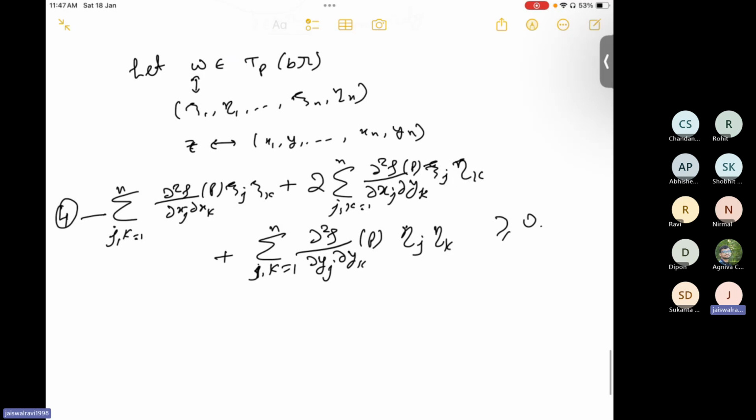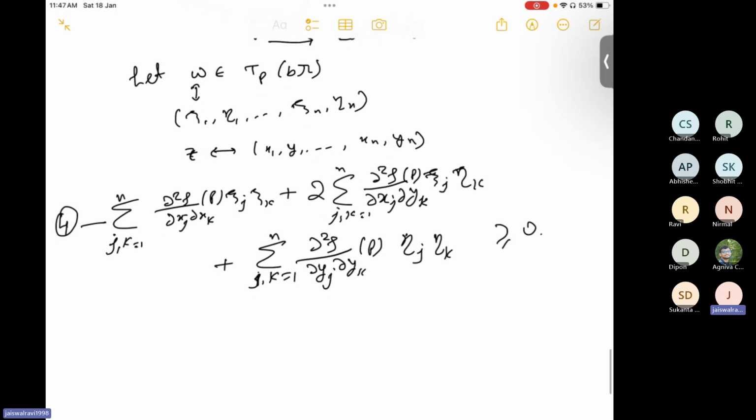As we write this real tangent space in the complex notation, the same we'll do here.